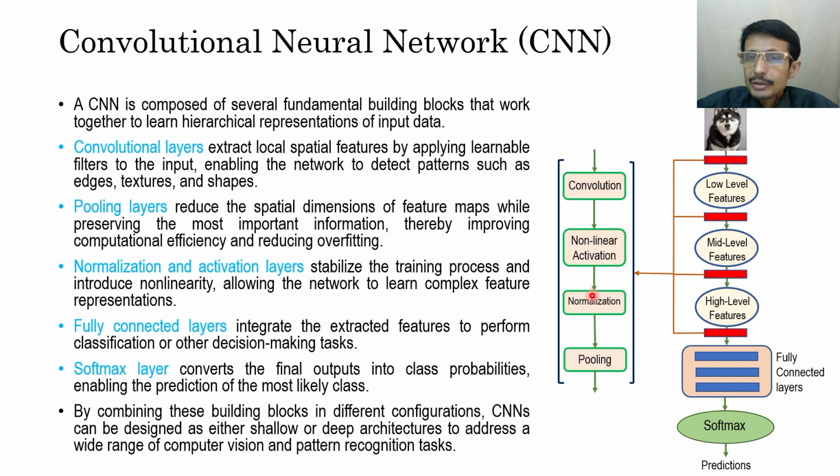It is worth mentioning that for every module, all the submodules may not be present. Maybe somewhere normalization is not present. That may be possible. But in general, these submodules are present in a particular convolution module.